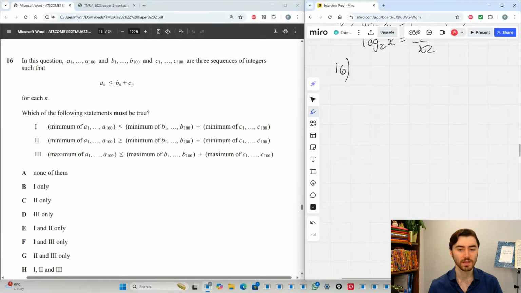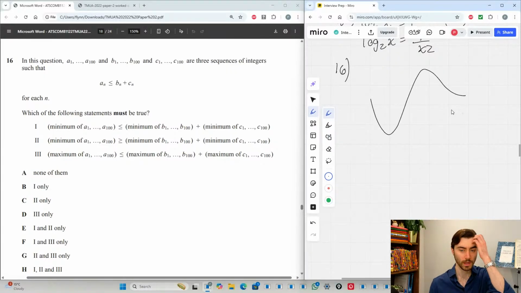So for every individual, let's say the A's do something like this. Then the B's and the C's, so for this minimum point, it is certainly true.